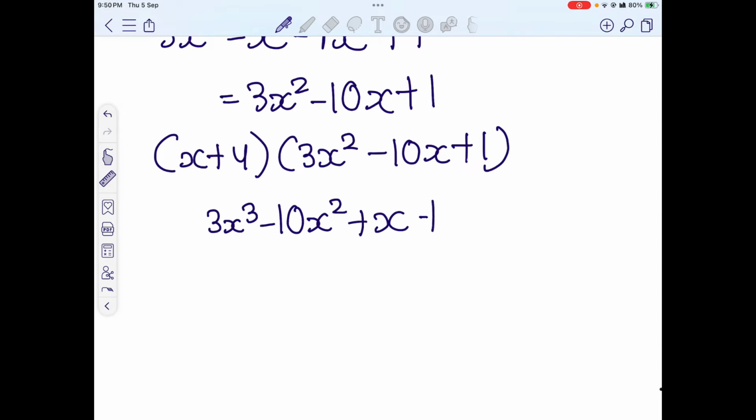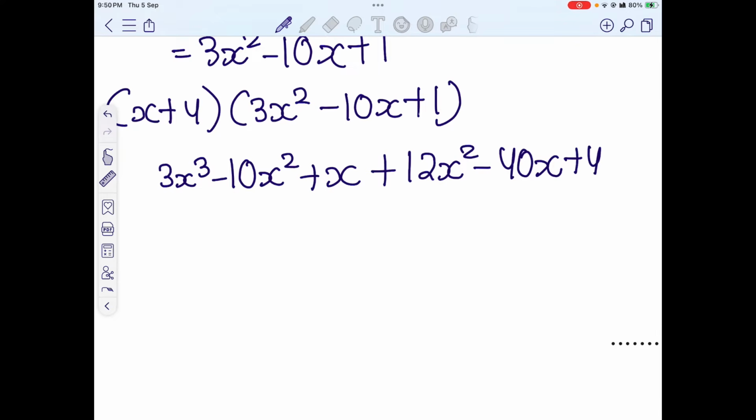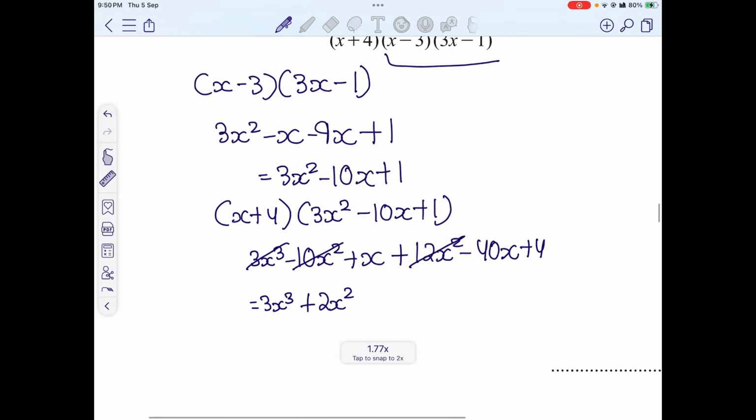Then 4 into 3 is 12x squared, negative 40x plus 4. Then you want to simplify, so 3x cubed remains as it is. Negative 10 plus 12 gives me 2x squared. x minus 40x, 1 minus 40, that's going to be negative 39x.